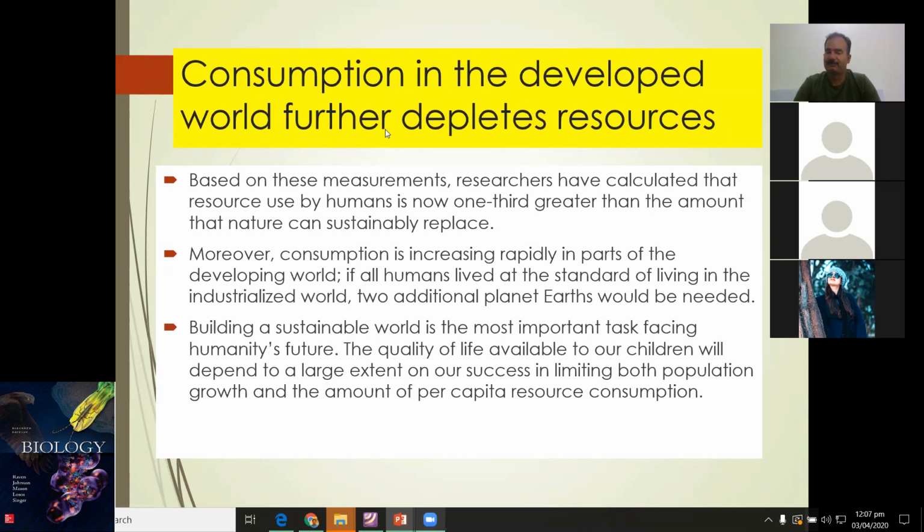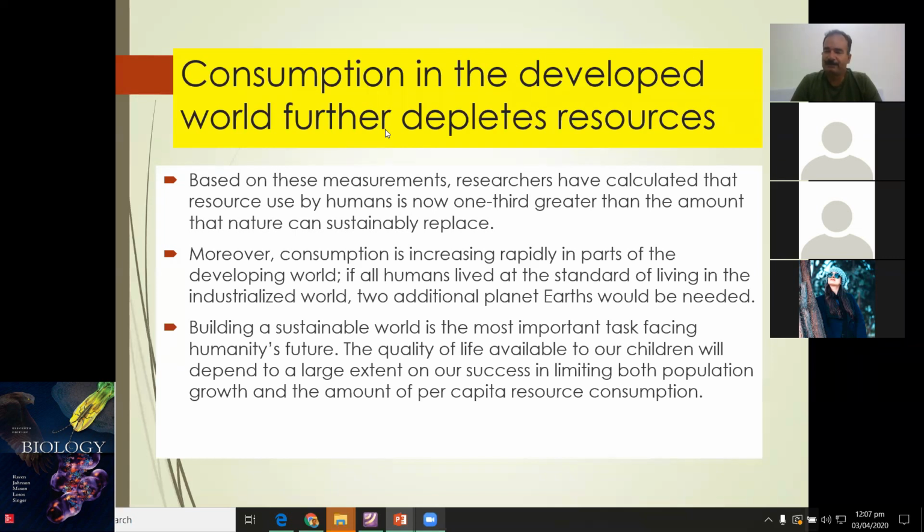task of humanity's future. We have to provide quality of life to our children and future generations, and that is only possible when there is a limited human population, and we can provide education, health facilities, and other facilities to our future generations if there is a low population.